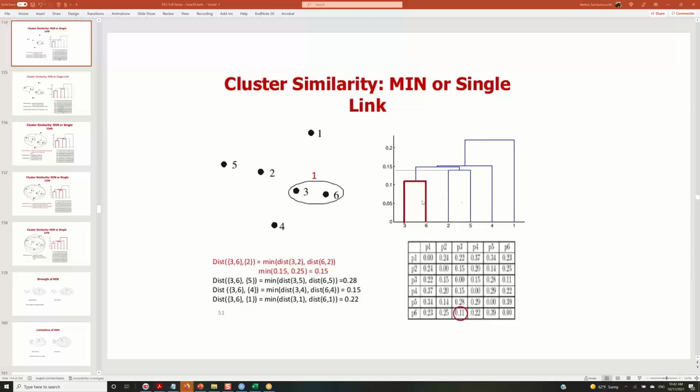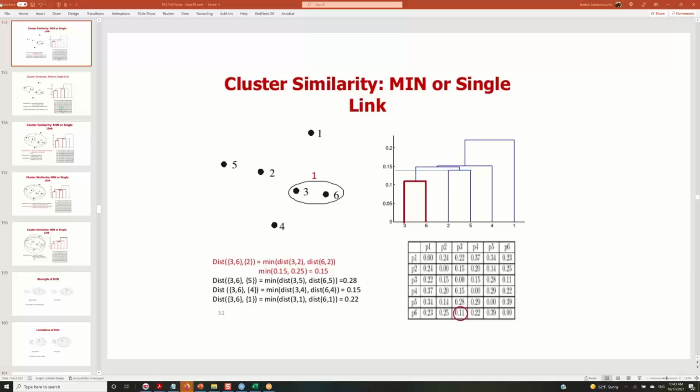That means these two are connected. When it reaches 0.15, 3 is connected to 2. That means this group is connected to this group. That's what I'm saying. And by the time it is 0.15, also 5 is connected to 2. We already finished that. And then 3 and 4 are connected. That is it.